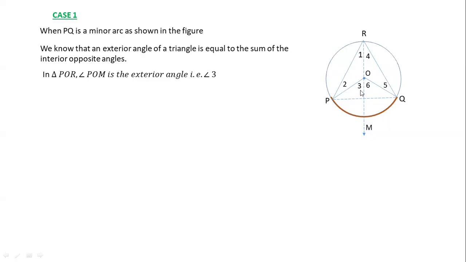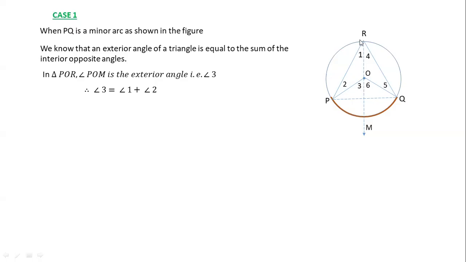You can very well see this angle is outside the triangle. So an exterior angle is equal to the sum of the opposite interior angles. So angle 3 is equal to angle 1 plus angle 2.